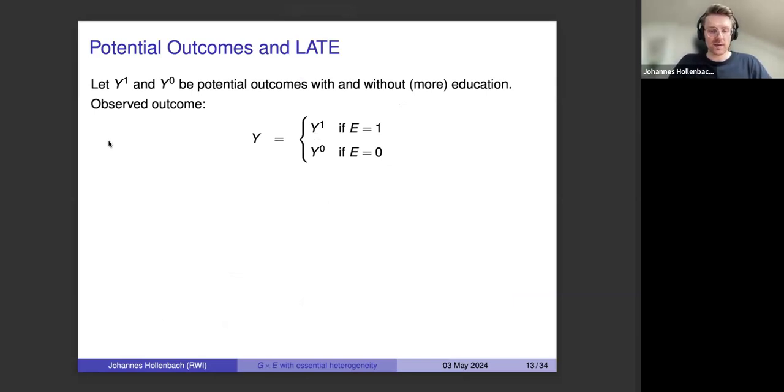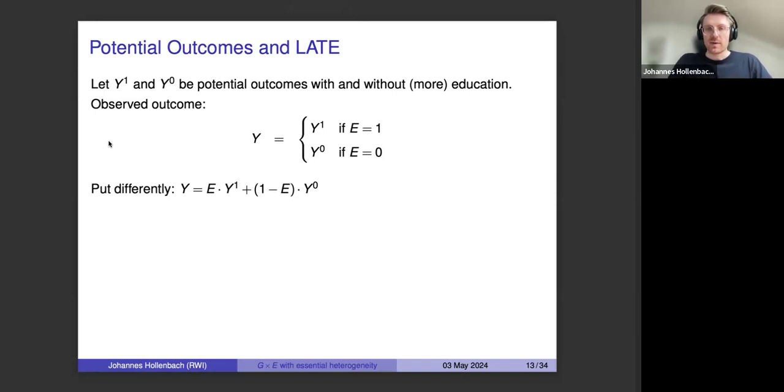We begin with a very, very simple potential outcome model where we have two potential outcomes, Y1 and Y0. Y1 is the potential outcome with more education. Y0 is the potential outcome that is realized without more education. You can put that in an observation rule, which is just a switching equation where you plug in E equal to 1 or E equal to 0, and you will basically end up with the corresponding potential outcome.